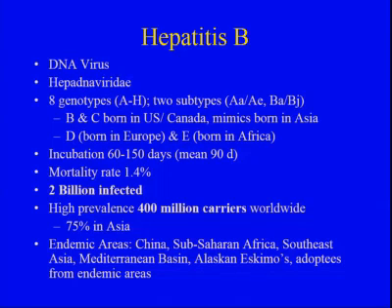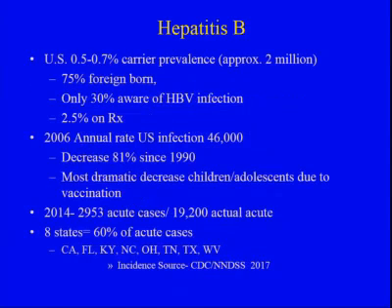Mortality rate's 1.4%, and worldwide 2 billion people are infected with this. 400 million carriers worldwide, 75% are in Asia, and the endemic areas are indicated on the slide. So in the United States, less than 1% carrier prevalence, but that's about 2 million people now.